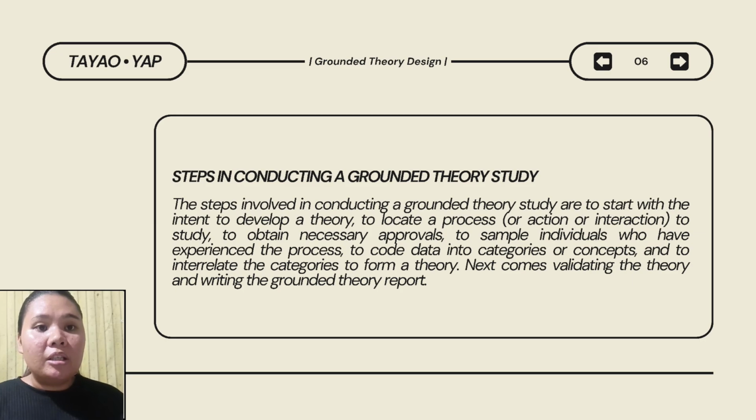In the process of coding the data, you are going to use two codings: open coding and axial coding. So what do we mean by open coding? In open coding, at this point, you will have started collecting qualitative data such as transcriptions from interviews.